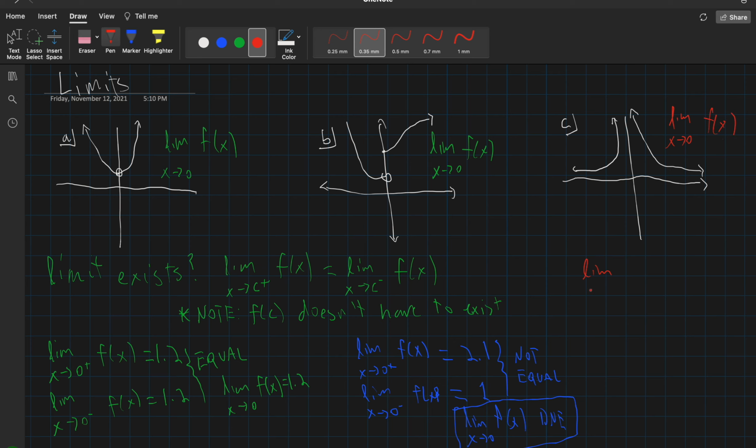So the limit as x approaches 0 from the right hand side of f of x. So as we're approaching 0, our y values keep on increasing without any cap on its value. And since it keeps on increasing, we're going to say that this limit actually tends to infinity.